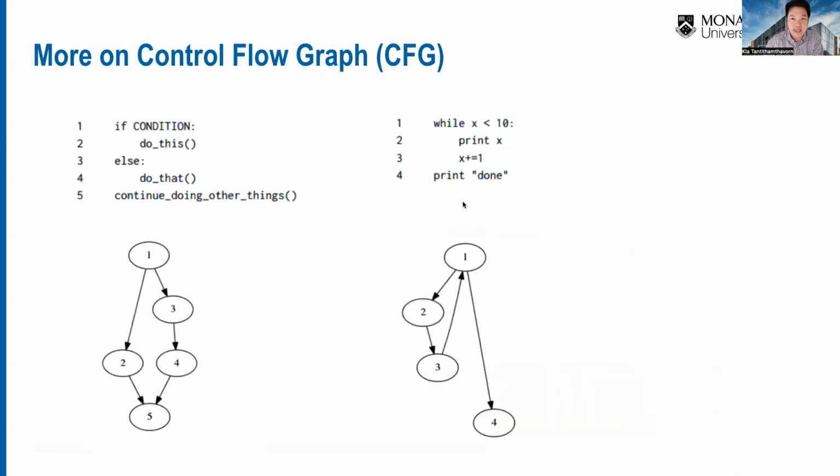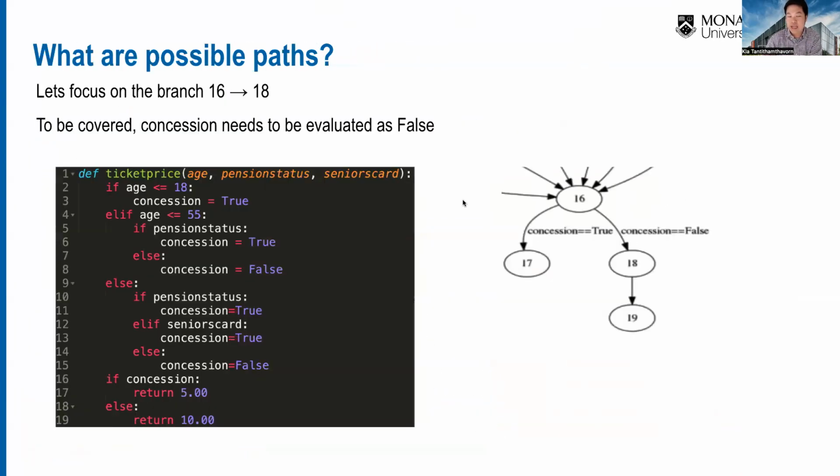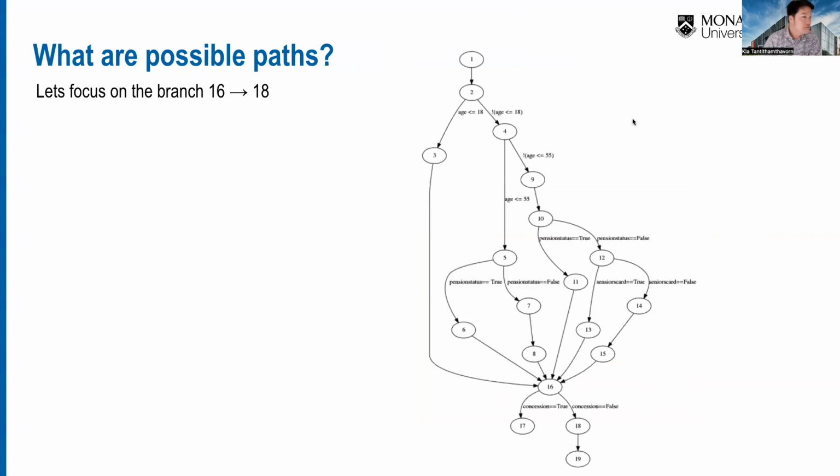Does that make sense? So what I want to say here is that we want to consider both true and false, and identify all of the possible paths. We will ignore the infeasible paths, and then we need to come up with the test cases to achieve those paths. Yeah, that's it.